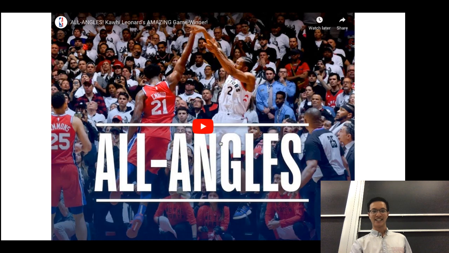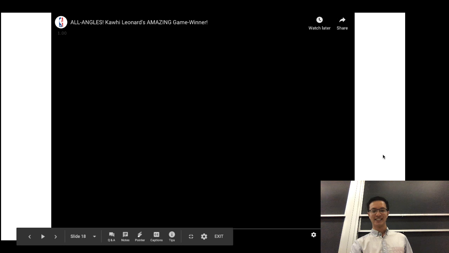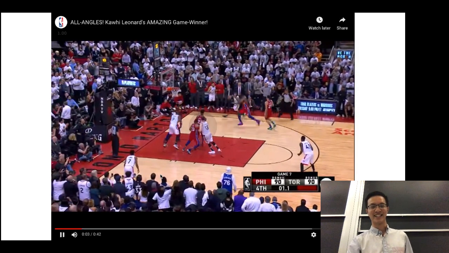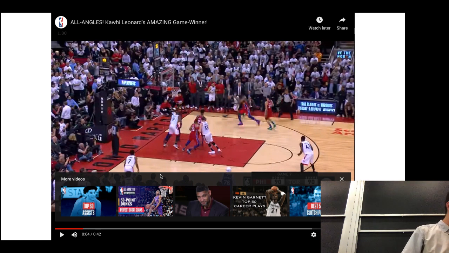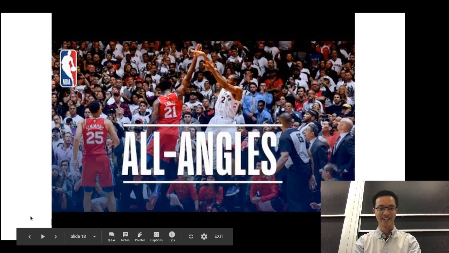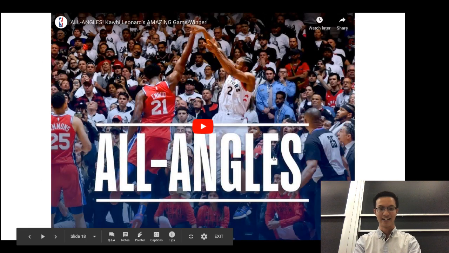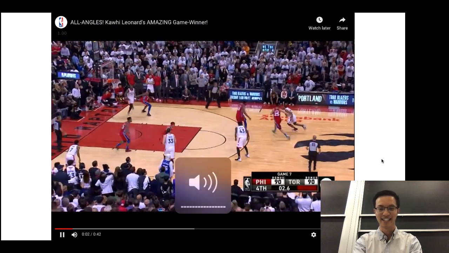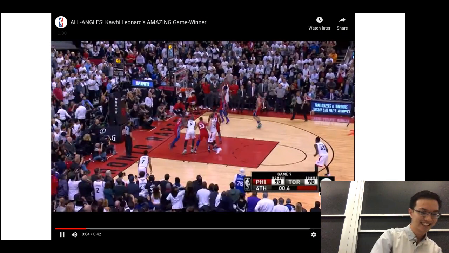And I'll show you a shot that just happened a few months ago in the NBA. Let's see if this plays. It's my favorite player, Kawhi Leonard. And this is the game-winning shot. Is the sound on? Oh my gosh, it's so much better with the sound on. All right, let's try that. Oh my gosh. So here he is. His team's fate is on the line in the shot, and it's still not on. Why though?